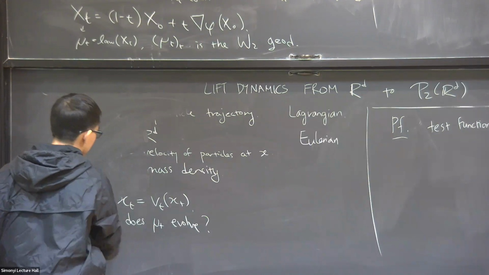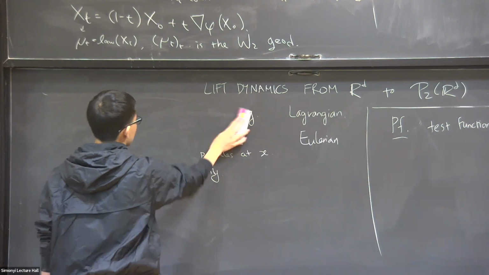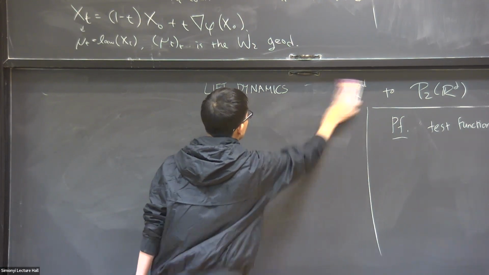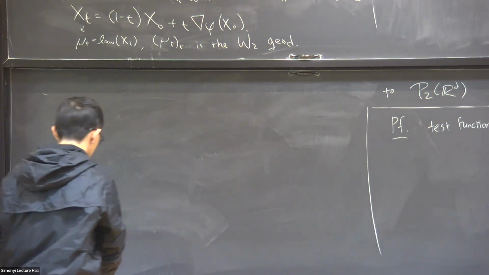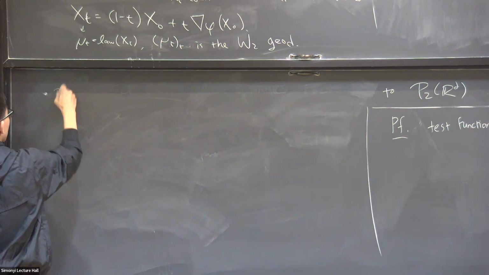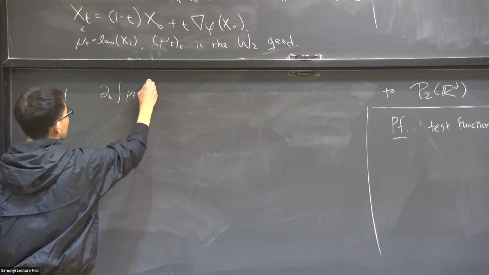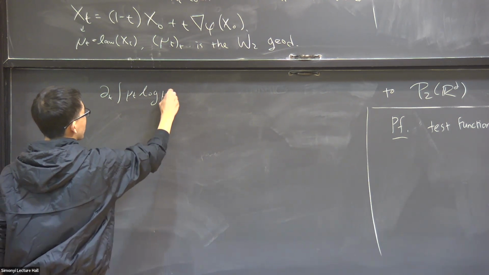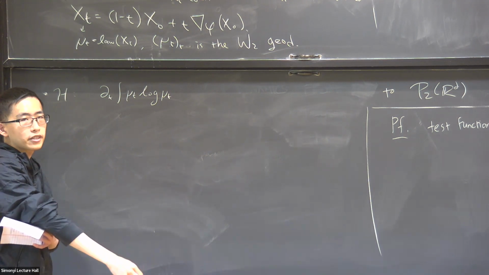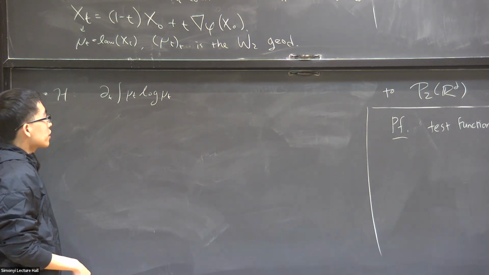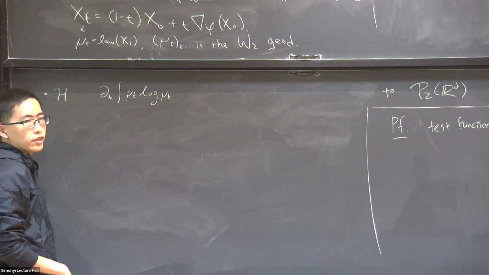And then we just have to do the entropy. Now we're going to differentiate the entropy along this curve, the integral of mu t log mu t. What is the derivative of mu log mu?